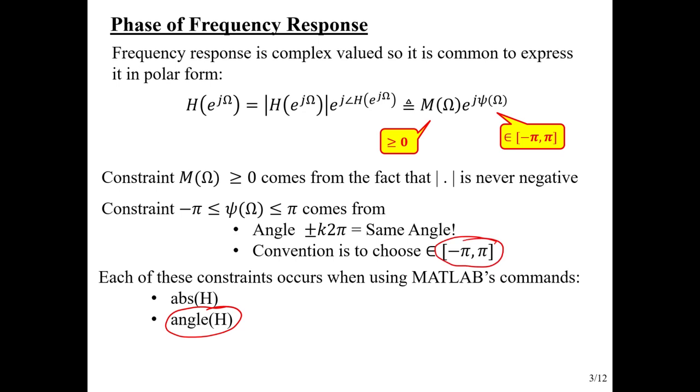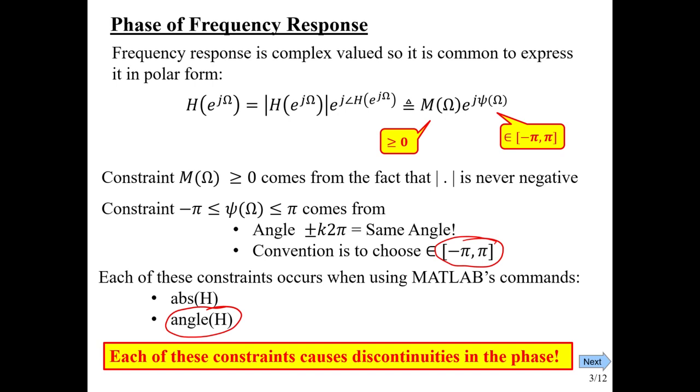It may exclude one or the other end of those. I can't really remember, but that's a subtle distinction. So each of these constraints causes some discontinuities in the phase. Obviously, we've seen and alluded to this one. What's less obvious is that this constraint also leads to a discontinuity, and we'll state that.